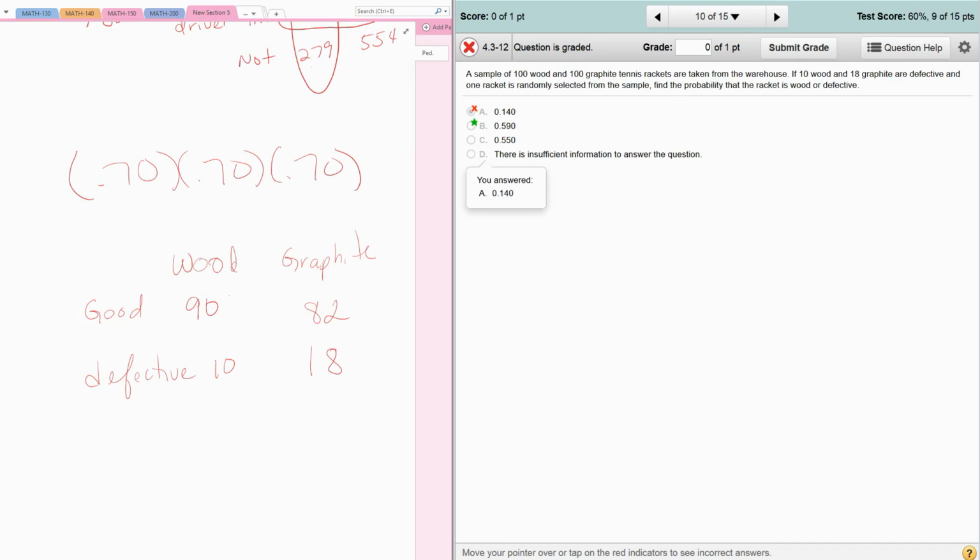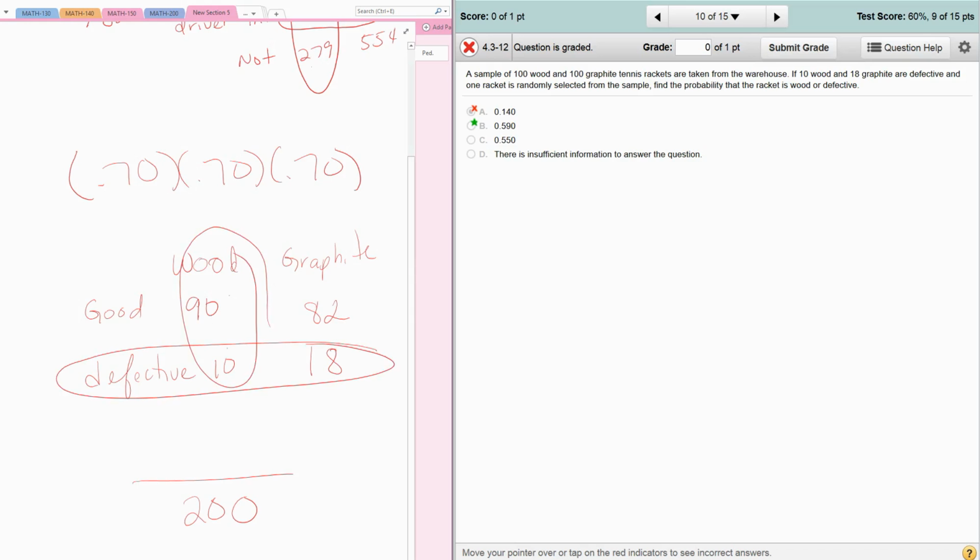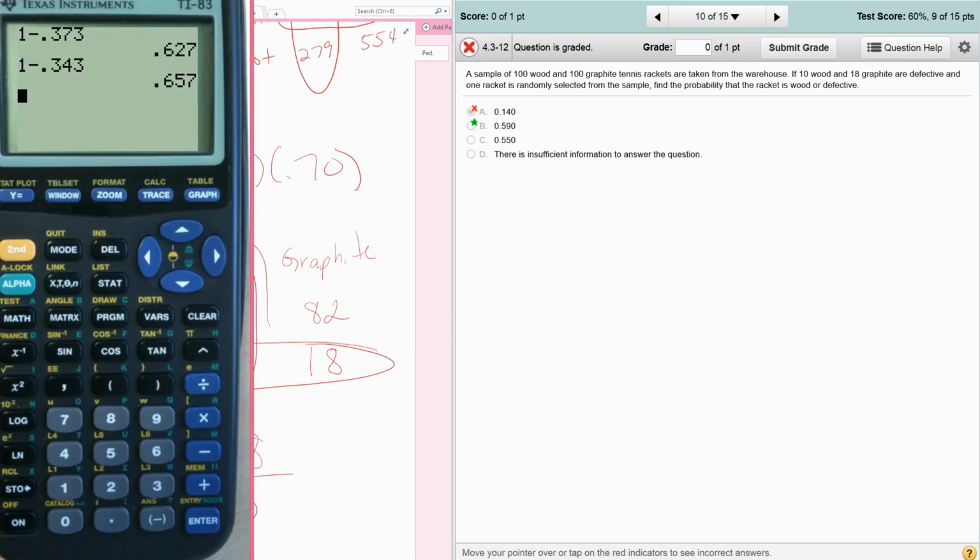So first of all, our total is 200 because we have 100 wood, 100 graphite. So it says find the probability that it's wood or defective. So we're going to add these three numbers, which gives us 118. So we would take 118 divided by 200. We get 0.59.